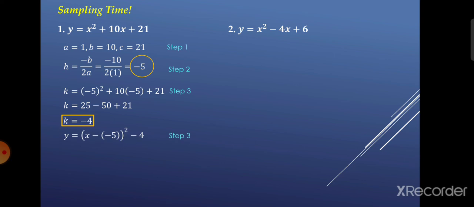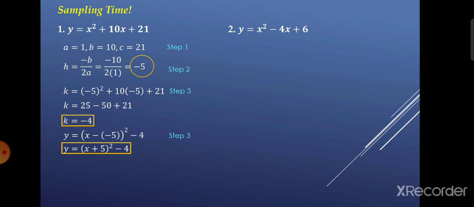So, to write the equation, nahitabo na gyud nga ang h negative, ang k negative. So, the original equation is y equals a times x minus h squared plus k. So, inigsuwat na to ana, that is y equals x minus negative 5 squared, k minus 4.